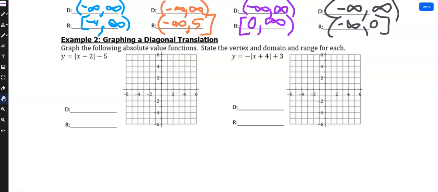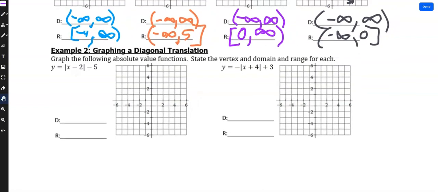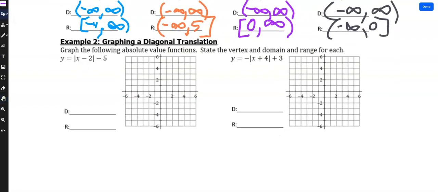Graph the following. Well, I hope that you know that that is right 2 and down 5.